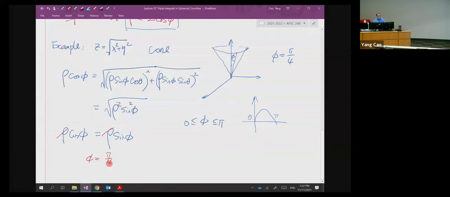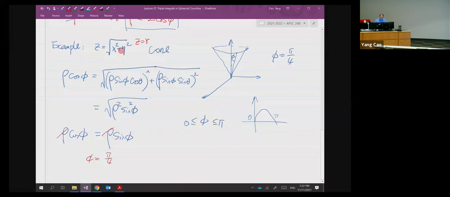That's the same result as we derived using cylindrical coordinates, if you recall. This cone surface can be expressed in cylindrical coordinates as z equal to r, and in spherical coordinates as phi equal to pi over 4.